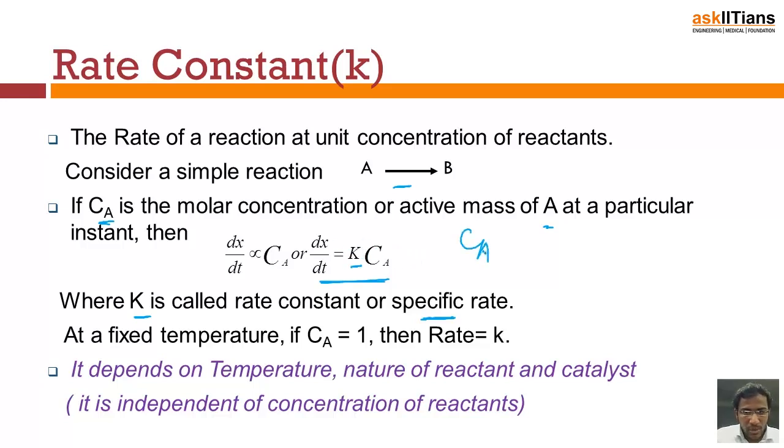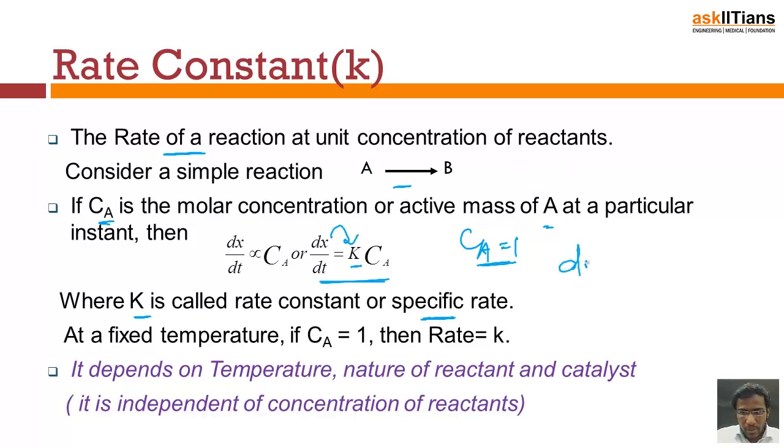So if Ca is equal to 1, if its molar concentration or active mass is equal to 1, then the rate of the reaction is nothing but the rate constant. So it is defined as the rate of a reaction at unit concentration of the reactants.